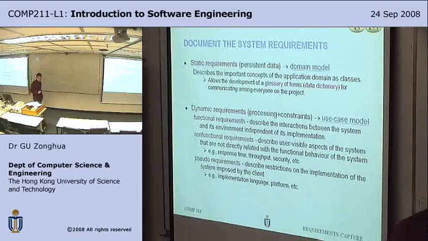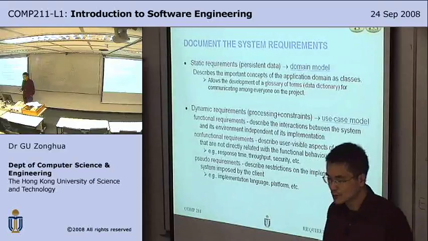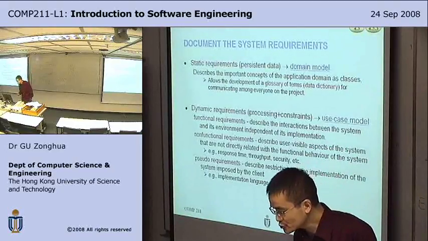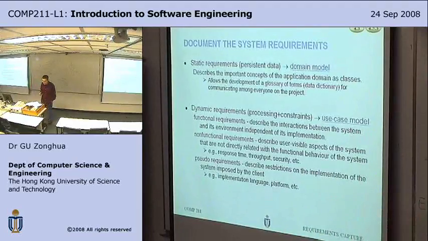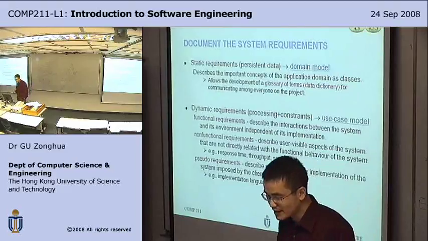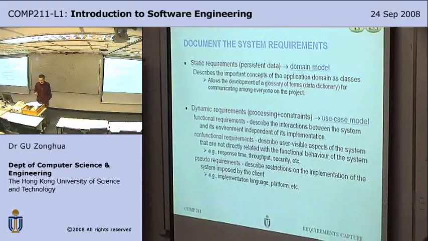For your registration system, the domain model consists of students, professors, register, courses. These are the application domain concepts. It allows the development of a glossary of terms, or also called data dictionary, for communicating among everyone on the project, to have a consistent terminology.